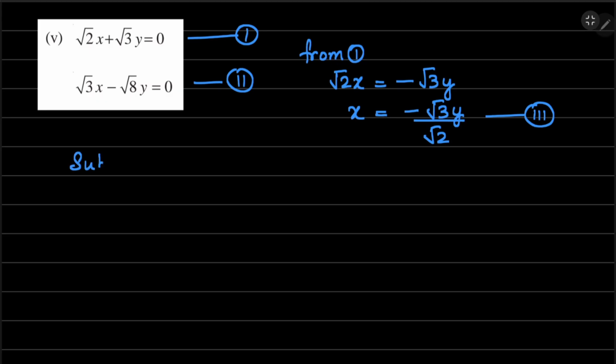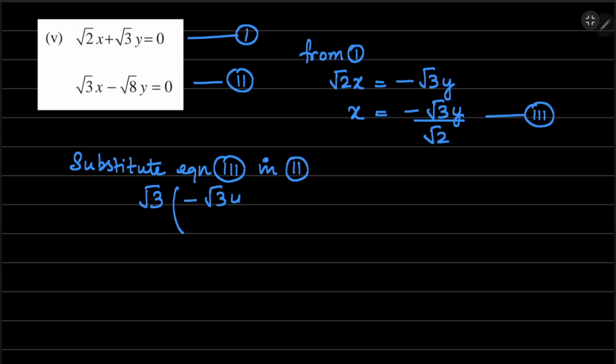So substitute equation 3 in equation 2. So when you substitute here, root 3, in place of x, I am going to write minus root 3y divided by root 2. Right? In place of x, I am going to substitute this value.